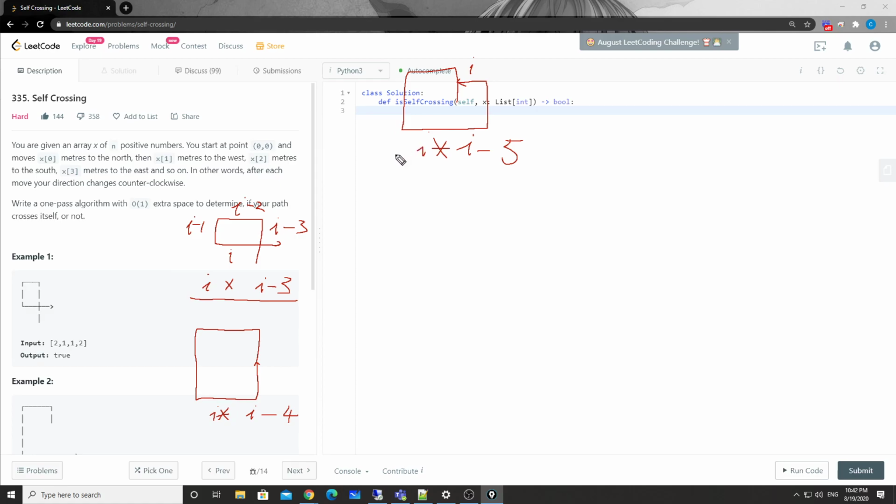But someone must have a question. How can you be sure there are only three patterns of self-crossing? We can do some simple experiments. Let's say we keep drawing: 1, 2, 3, 4, 5.